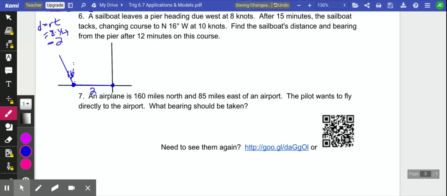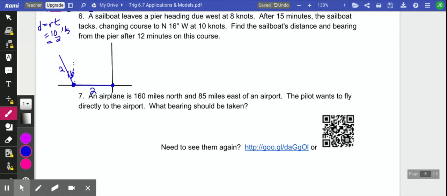All right, now that distance, we'll just do distance equals rate times time again. It's also changed speed. So now we're at 10 knots, and we're going to be on that course for 12 minutes. Well, 12 minutes is a fifth of an hour. So this distance is also going to be 2. So that's 2 right here.